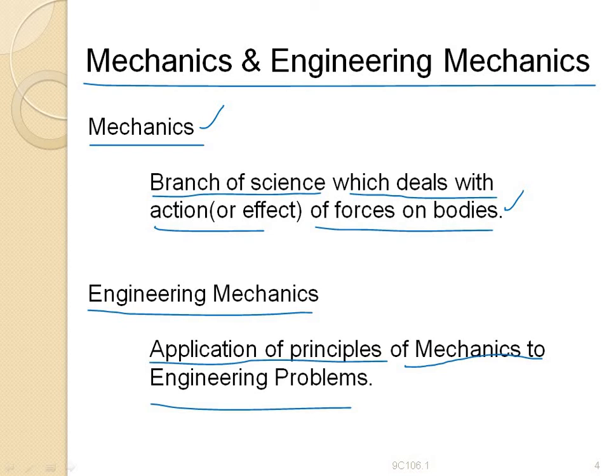So remember, the total definition is: it is a branch of science which deals with action or effects of force on bodies, with application of principles of mechanics to engineering problems.